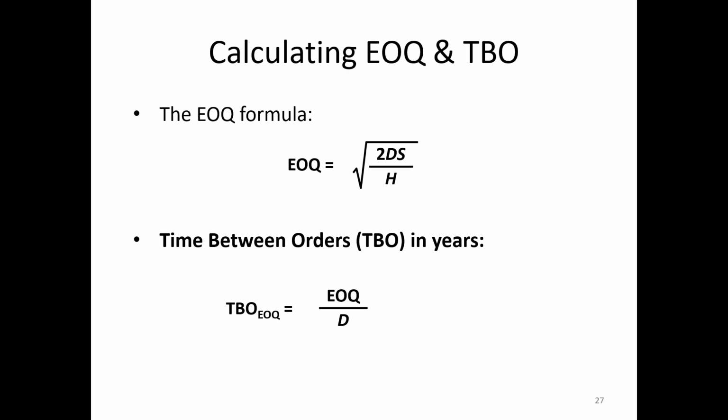You've got 0.207 years. Nobody talks like that. They want to know how many months that is, how many weeks, how many days. So we may do the calculation using formulas, but we still want to talk human, in terms that people can understand.